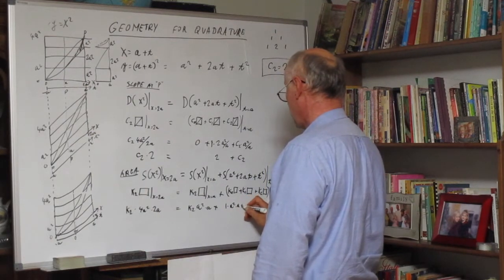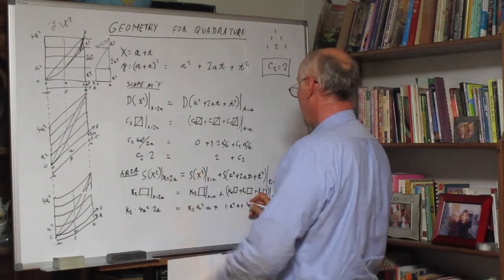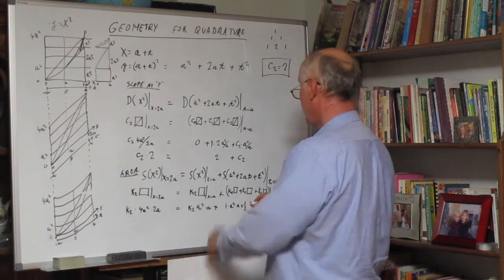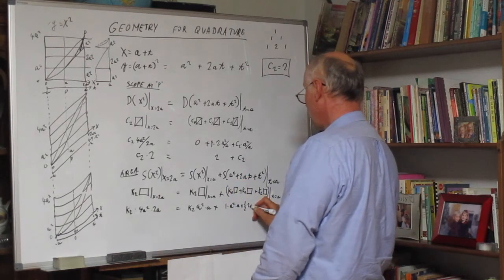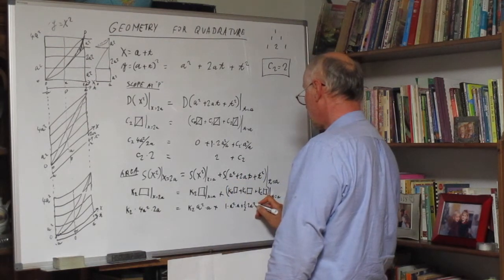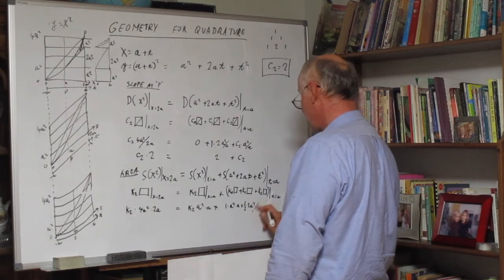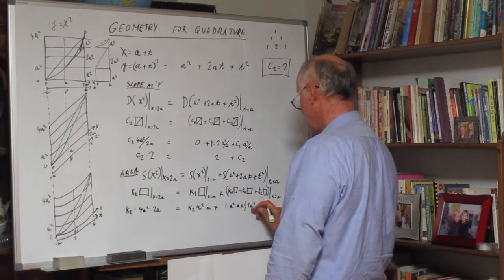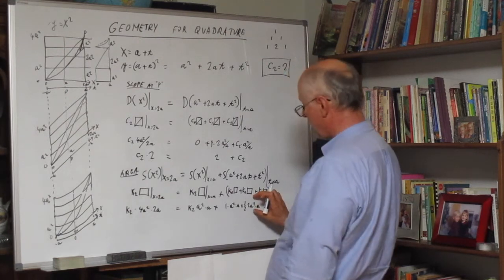Times a plus the triangle, that's 1/2 of 2a squared, 2a squared times a, yeah.